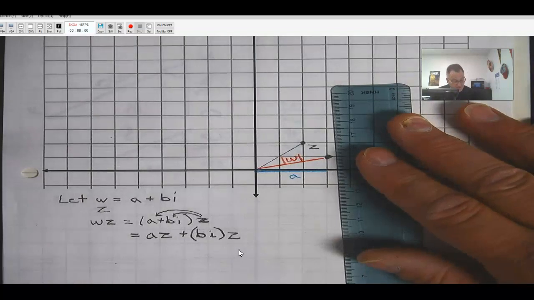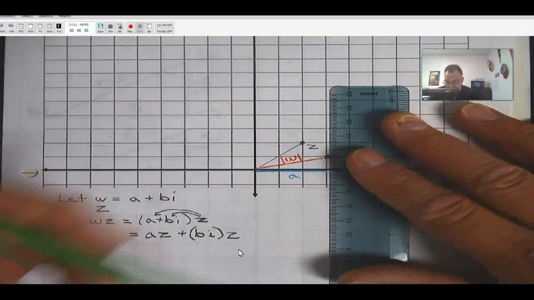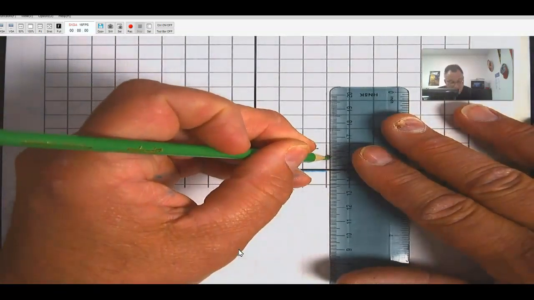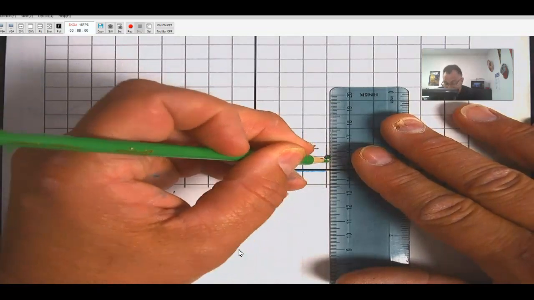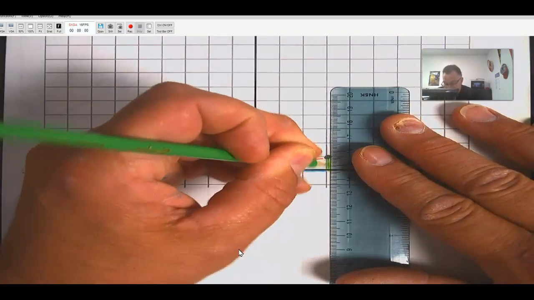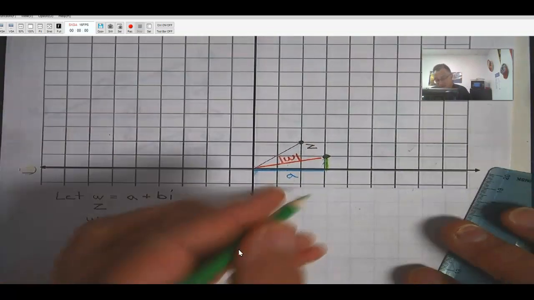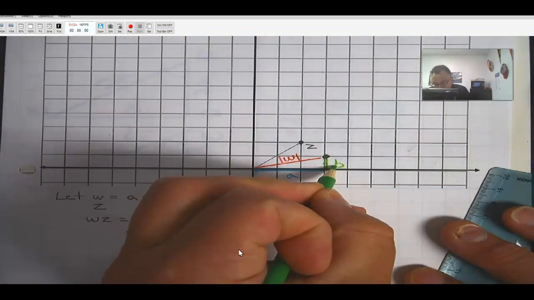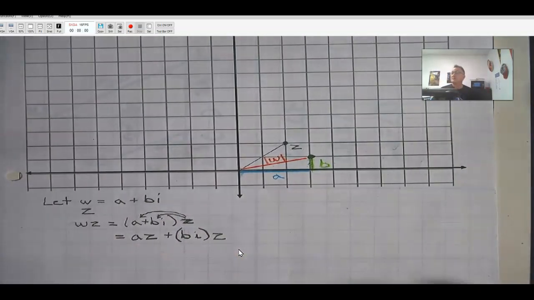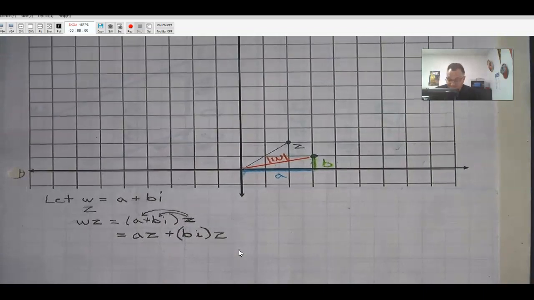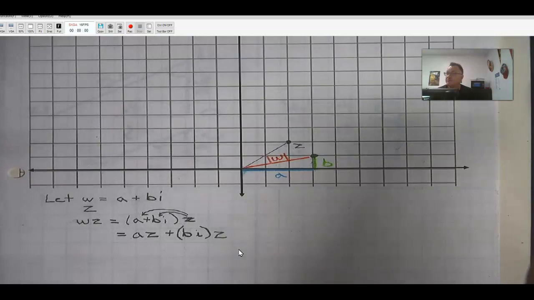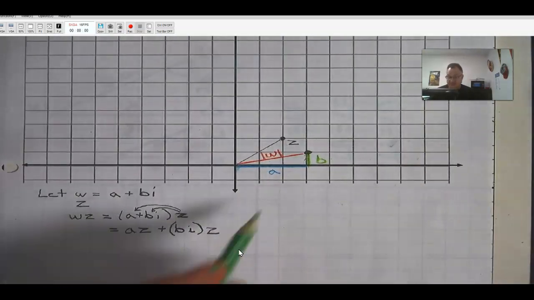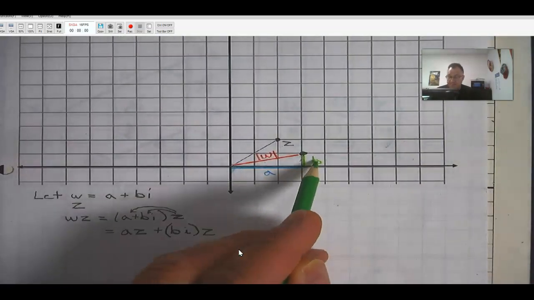And then this is in another color, this is the length of B. So I made that one green. Any questions on what those numbers mean, how I'm getting those numbers? This is A plus BI.